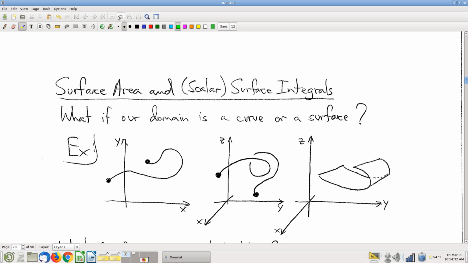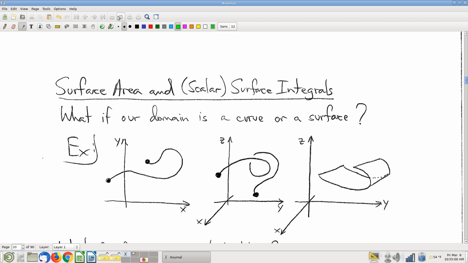Let me remind you, why do we do integrals? We do integrals because we want to compute masses of things, or we want to compute the amount of work it takes to do a certain task, or we're trying to compute how many ants there are, or how many bacteria. Right? We're adding things up. What I like to call chop it up, add it up, which y'all may recall. Okay, well, we've talked about if you have an interval on the x-axis, chop it up, add it up gives you single variable integrals.